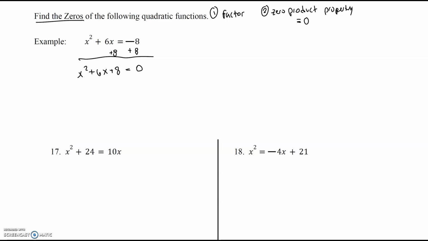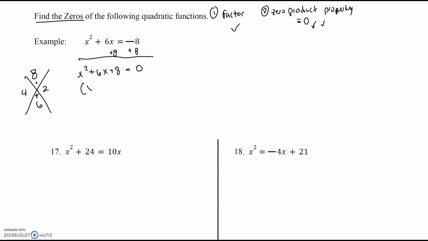Now, from here, we have our problem set equal to 0. So now we're going to factor it and then use the zero product property. So how do I factor this? We have 3 terms. Our number in front of x squared is 1. So this is our quote-unquote straightforward factoring. Looking for 2 numbers that multiply to 8 and they also add to 6.